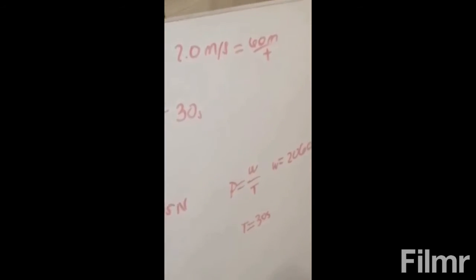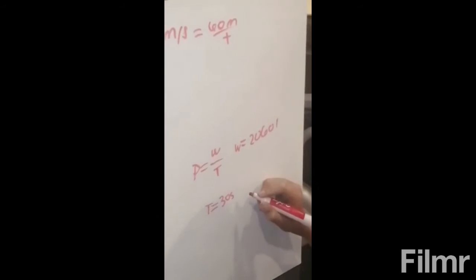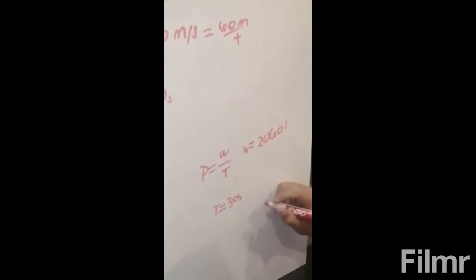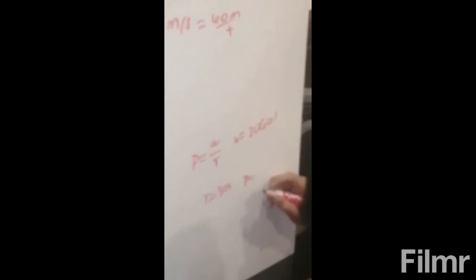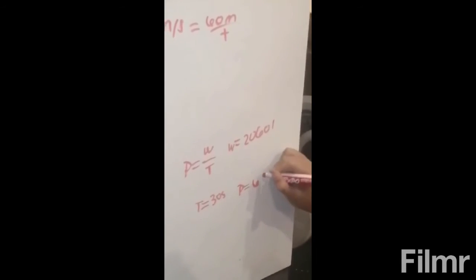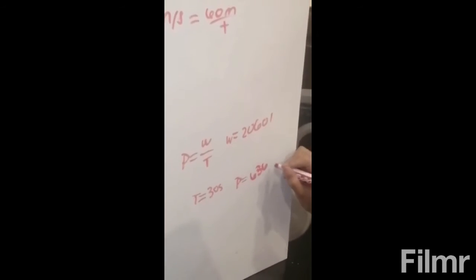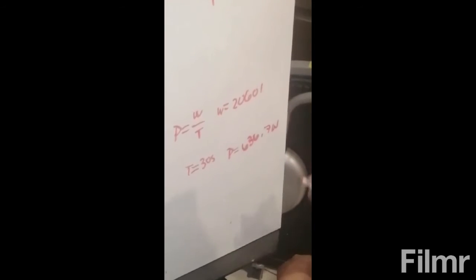And we divide 20,601 by 30, and it would equal a power of 686.7 watts.